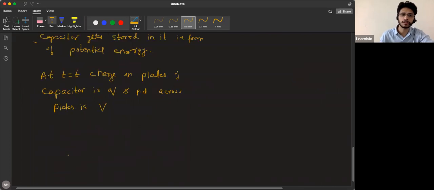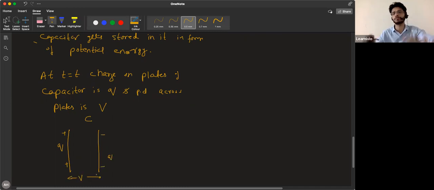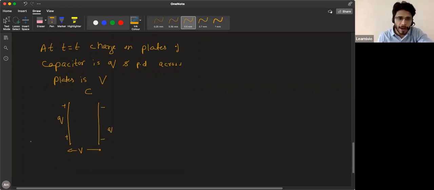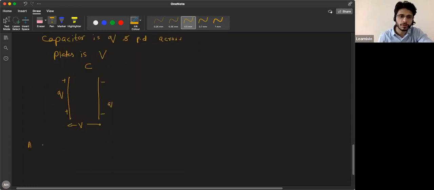So this is the capacitor. Its capacitance is C. The charge over the plates is Q. The potential difference between the plates is V. This is my state at some time t. Now, I want to add some more charge to it.